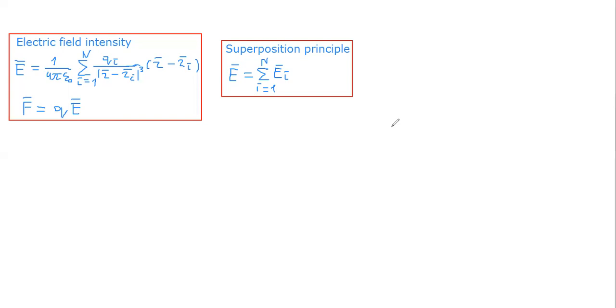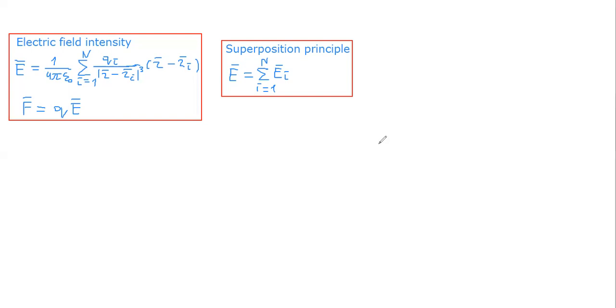And this is a potential field. Gravity field is a potential field, and the electrostatic field is also always a potential field.